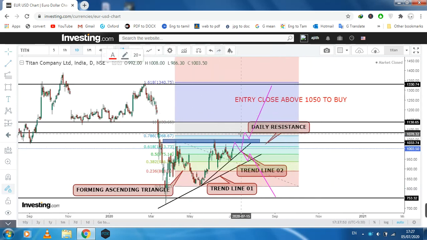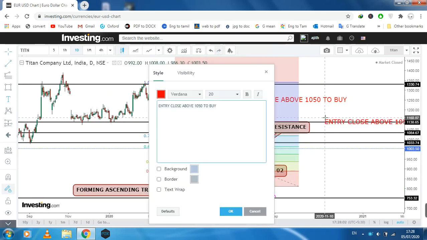And we need to put this target also. This is target 1. Target 1 nearly.